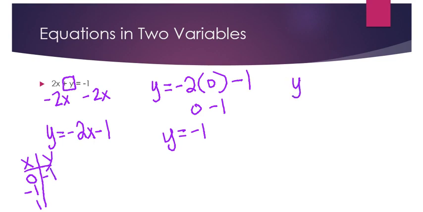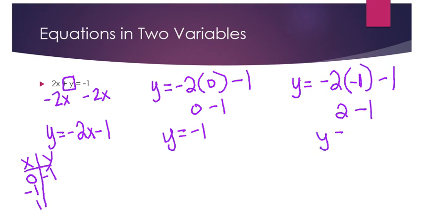Now I'm going to plug in negative 1. So I get negative 2 times negative 1 minus 1. Negative 2 times negative 1 is going to give me positive 2 minus 1. So I get y equals 1 this time. So when x is negative 1, y is positive 1.